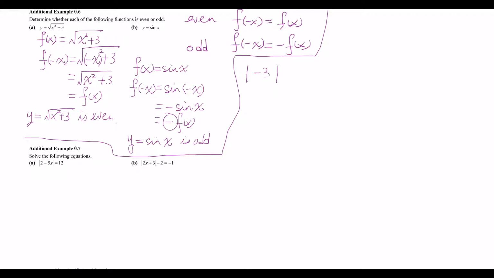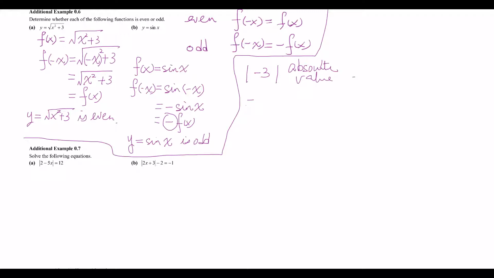Like that, which has a negative inside the two bars, and this one means we are talking about something called absolute value.